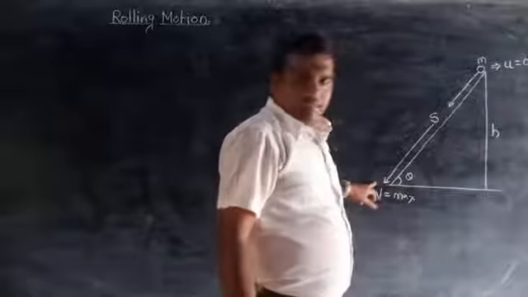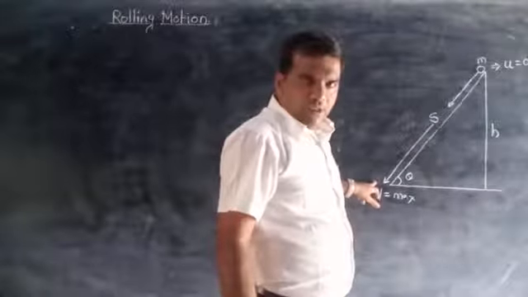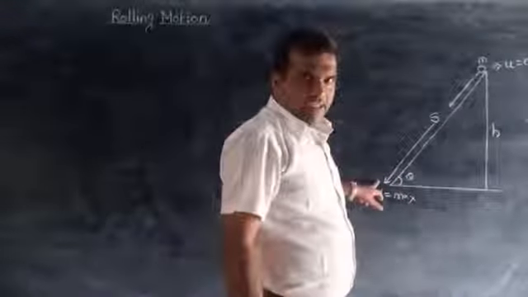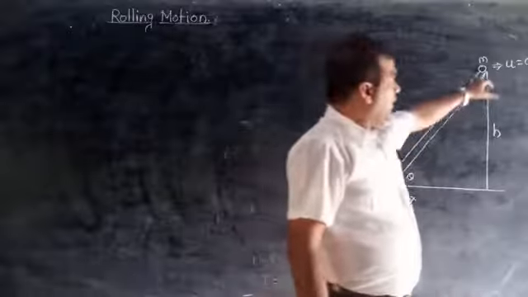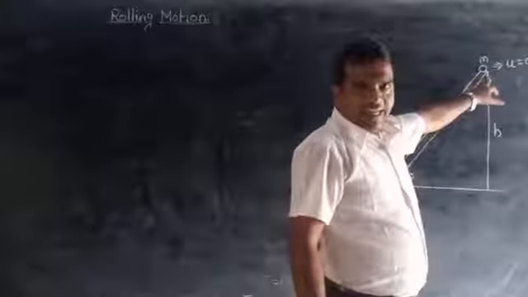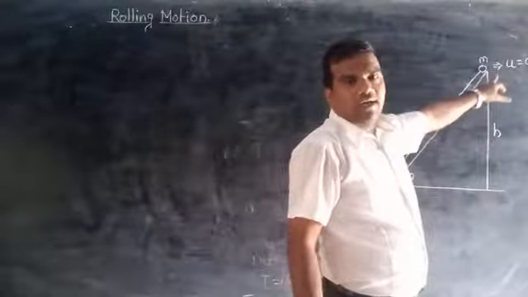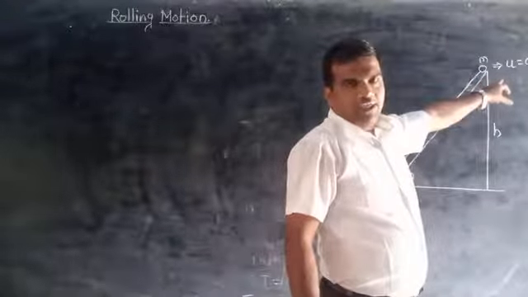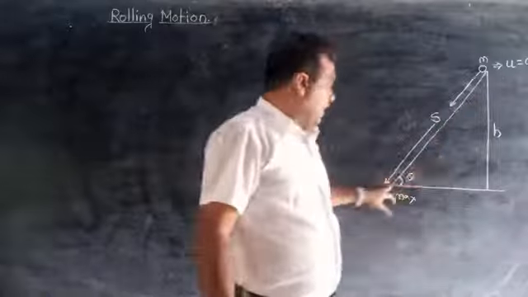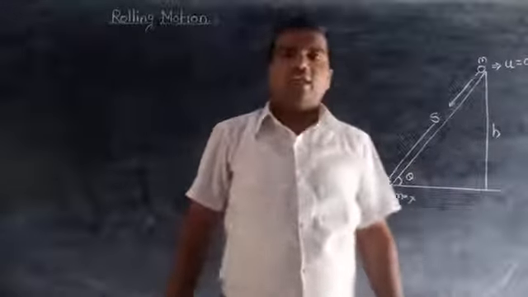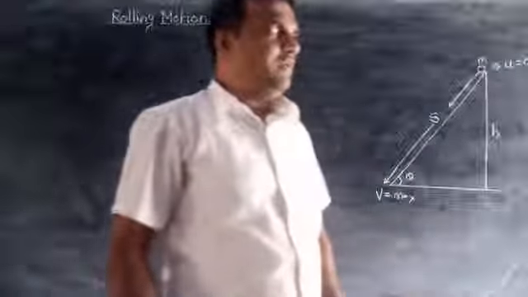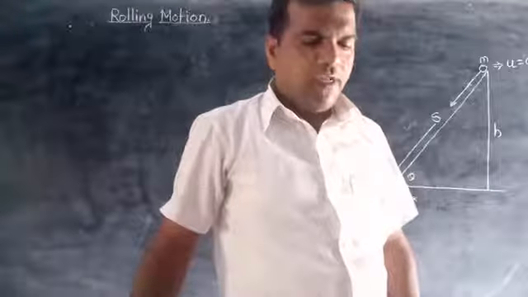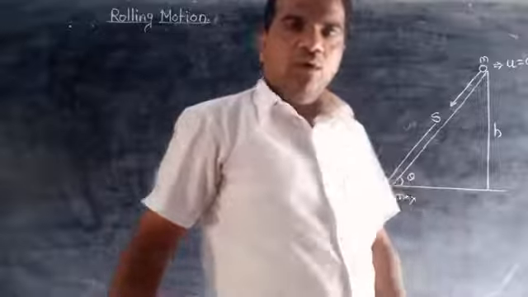At the bottom, potential energy is 0 because height is 0, and at the top its kinetic energy is 0 because it is at rest. So at the highest point it possesses potential energy, and at the bottom it possesses kinetic energy. It means that when the body is released from top to bottom, its total potential energy is converted into kinetic energy.